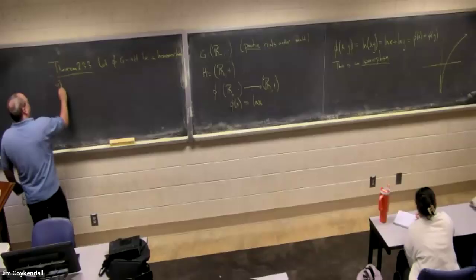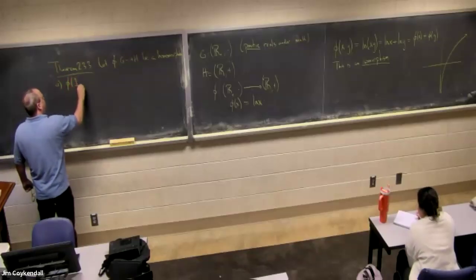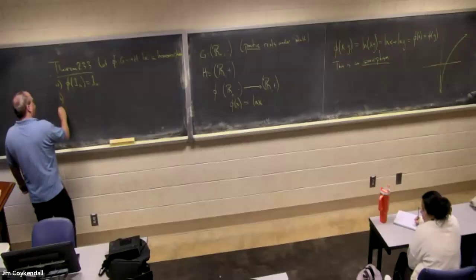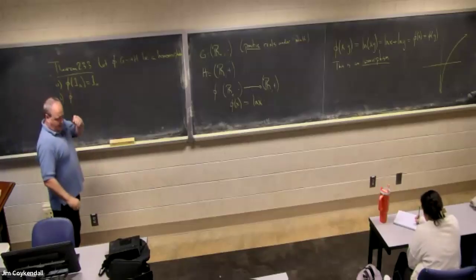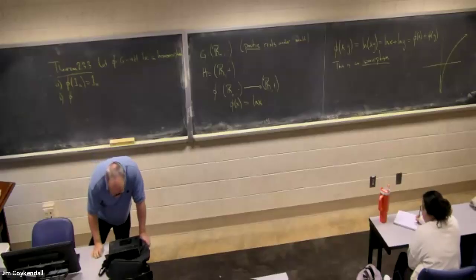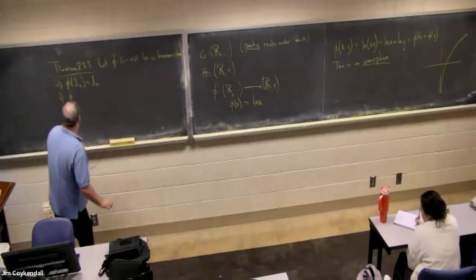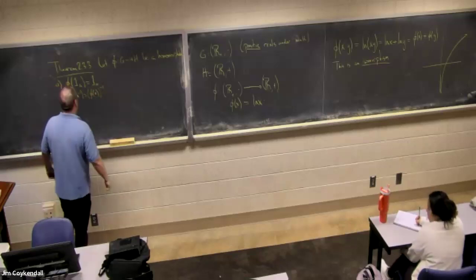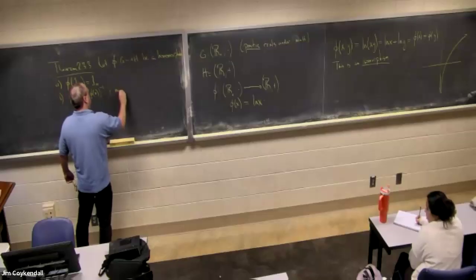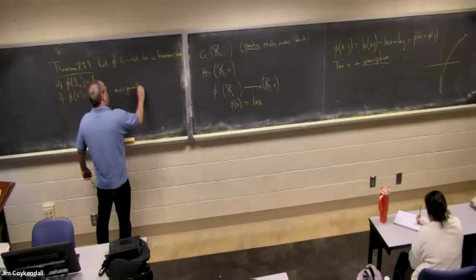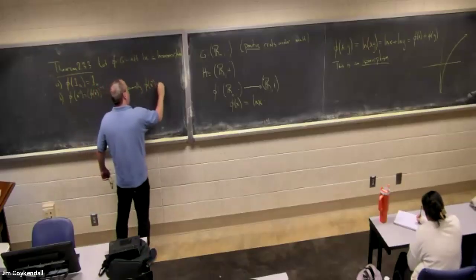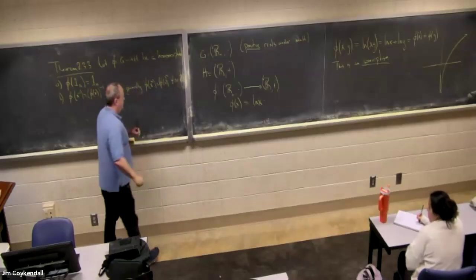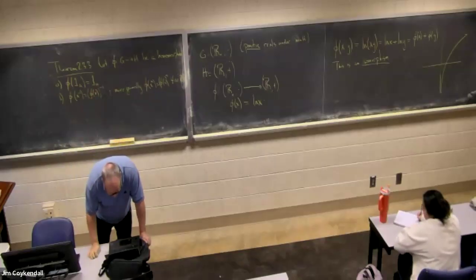A, phi of the identity of G is the identity of H. B, phi of x inverse is phi of x inverse.